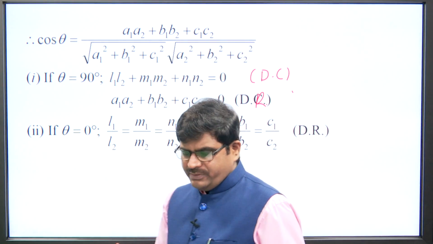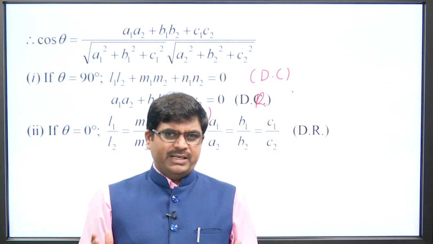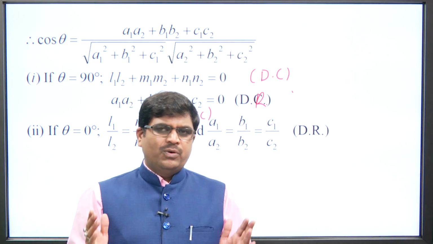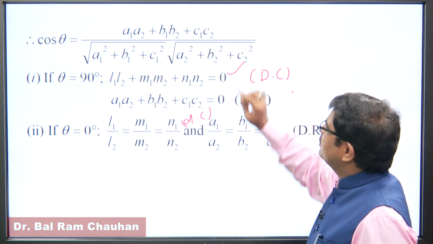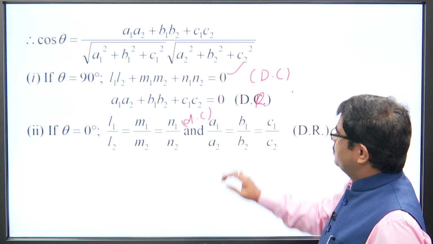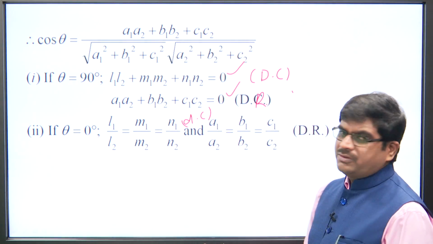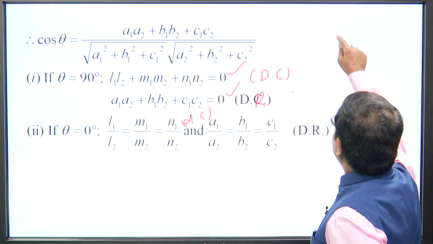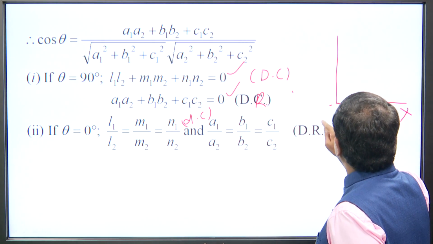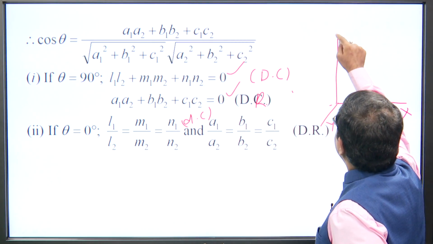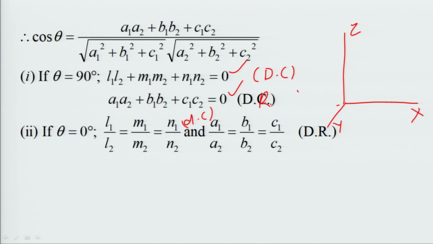So we have to discuss only here whether direction cosines or direction ratios are given. If direction cosines are given, we use this condition, and if direction ratios are given, we use this other condition. If the two lines are perpendicular to each other, this is x axis, this is y axis and this is z axis, one line here and another, this is AB and CD, then their angle is theta.